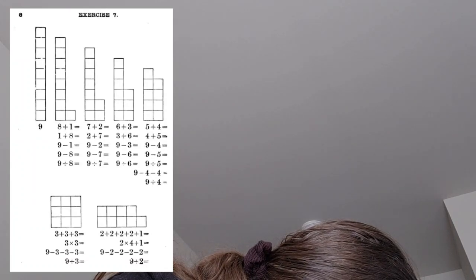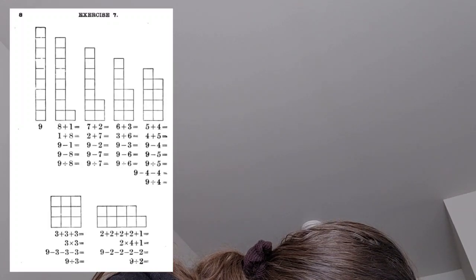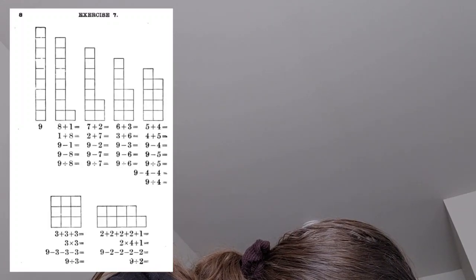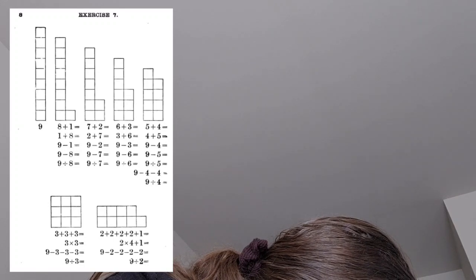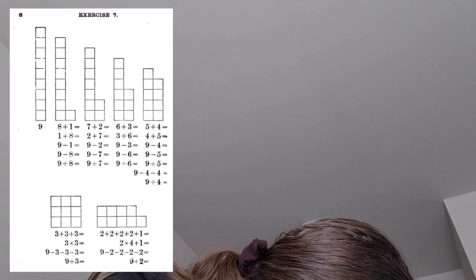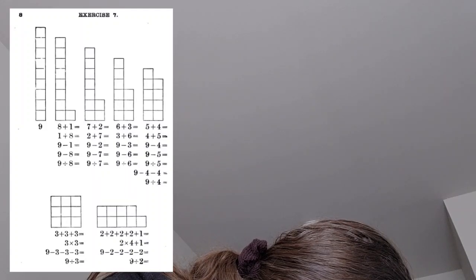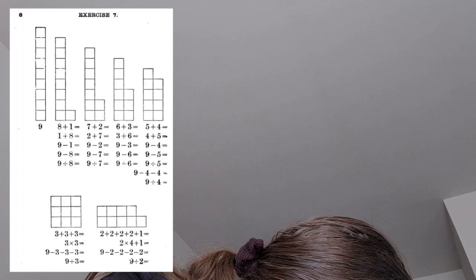Okay. 2 and 2 and 2 and 2 and 1 are 9. 2 times 4 is 8 plus 1 is 9. 9 less 2 less 2 less 2 less 2 is 1. Hold up.